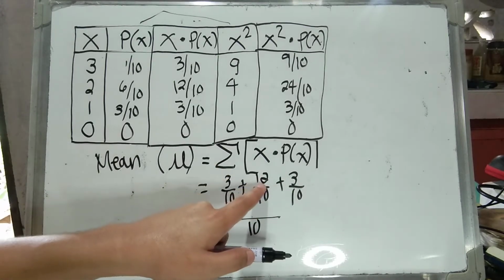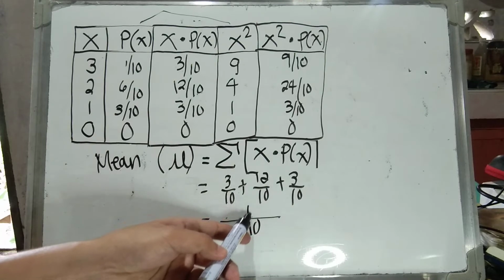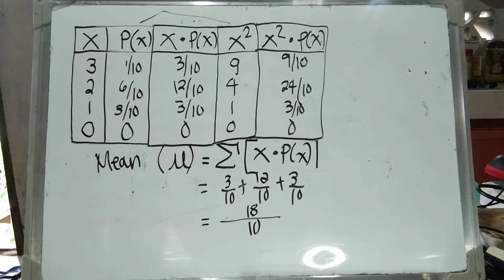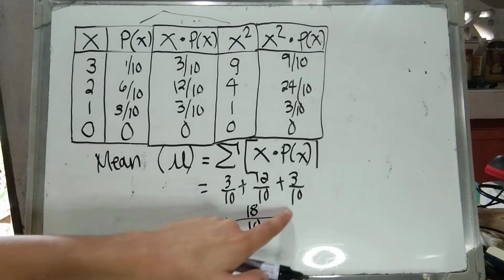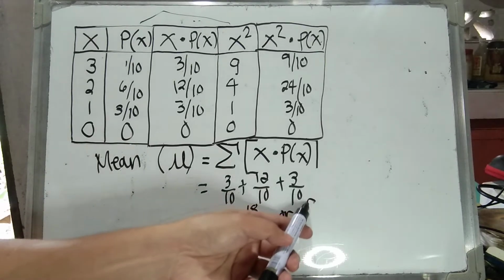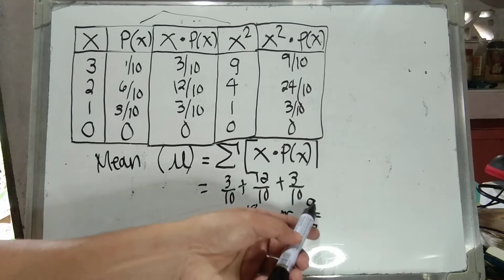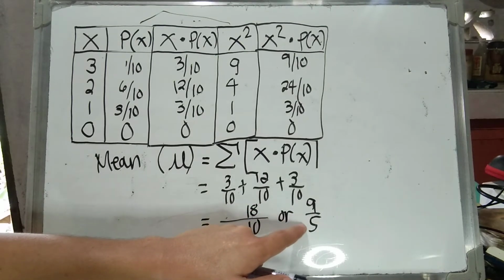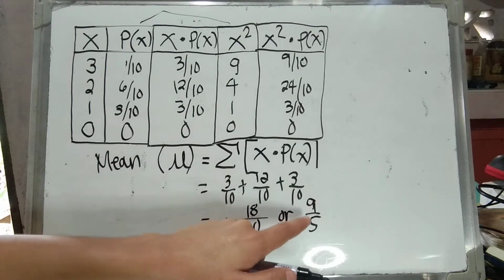So 3 plus 12 is 15, plus 3 is 18. Now, 18 over 10 is divisible by 2, so this is now 9 over 5.